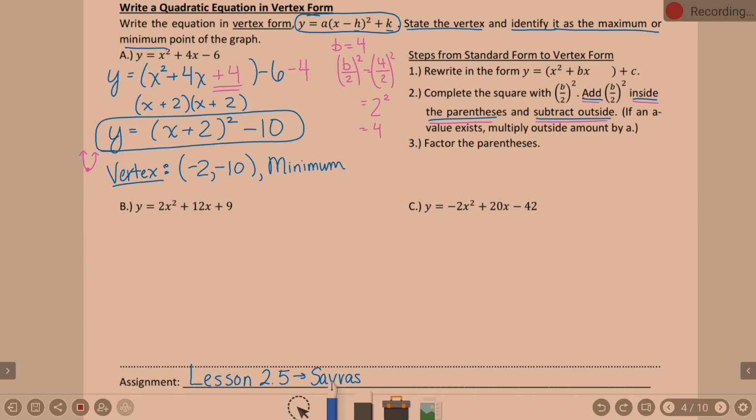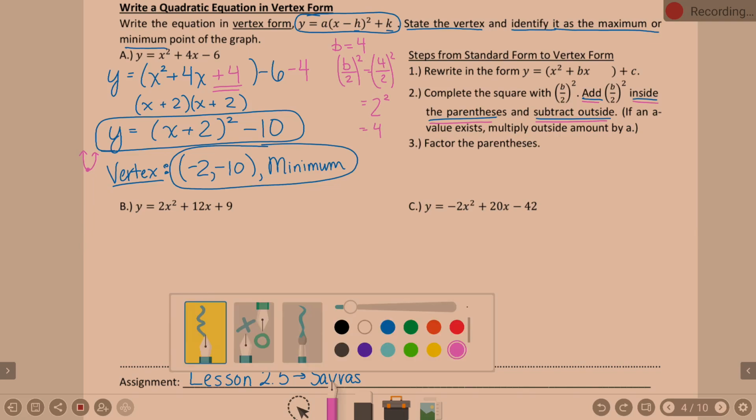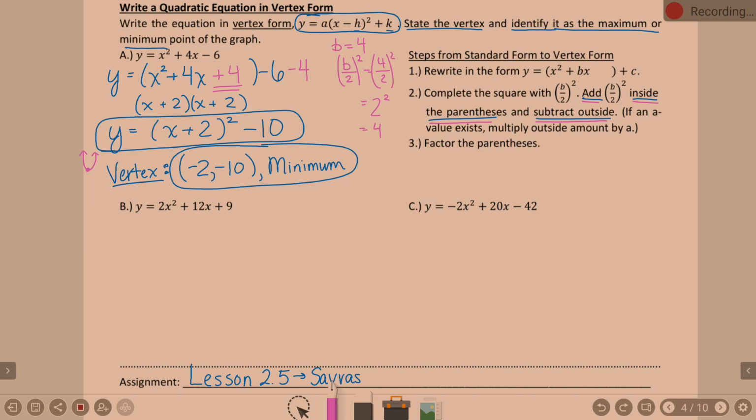You might want to write yourself a note about that if we don't remember those details. Okay? But this is, and we could even go right here. Okay? Because that is positive, then my graph opens like this, and that is a minimum when it's at the bottom of the graph.